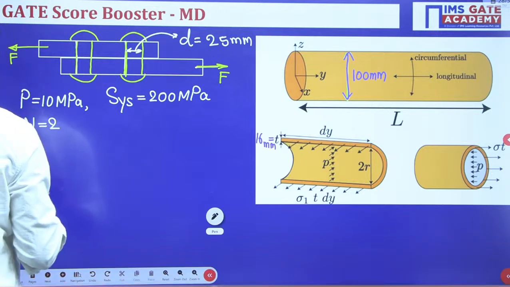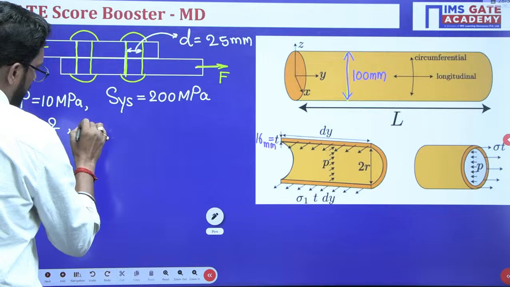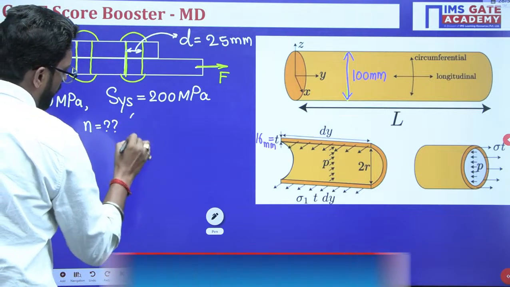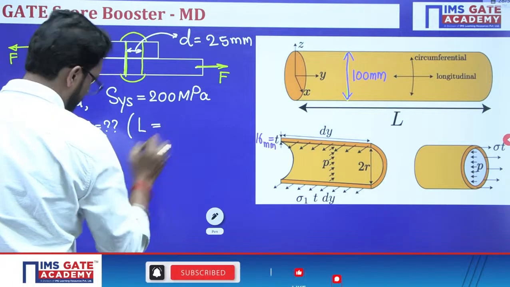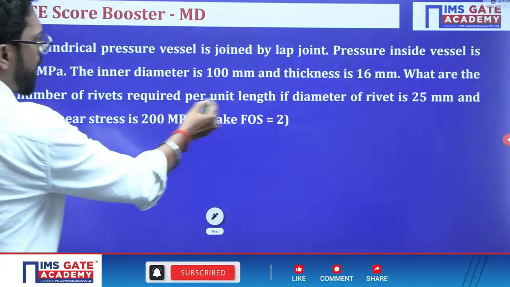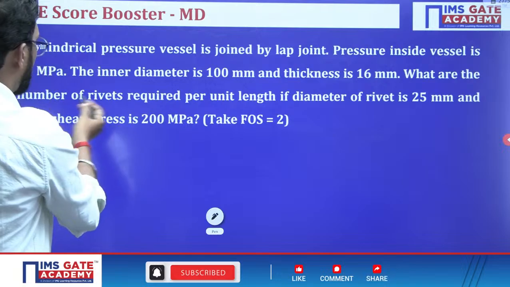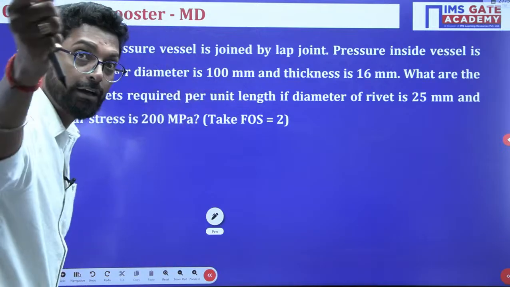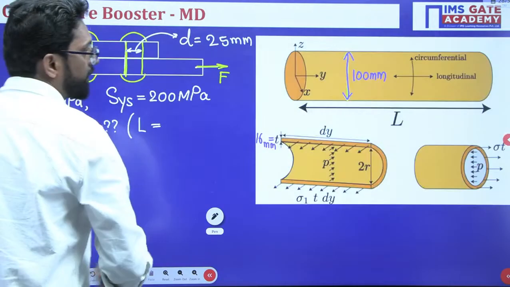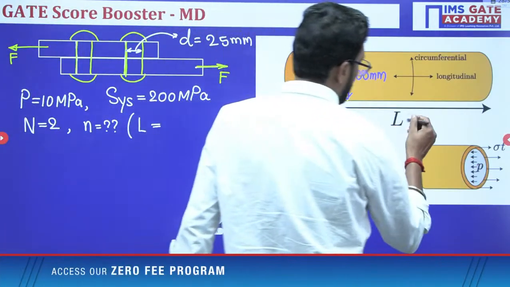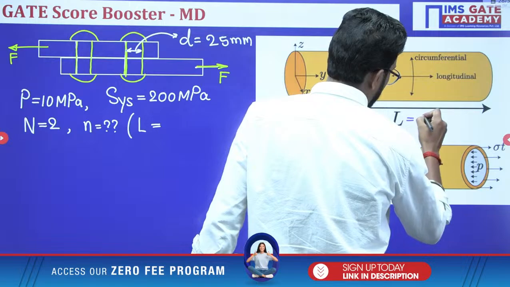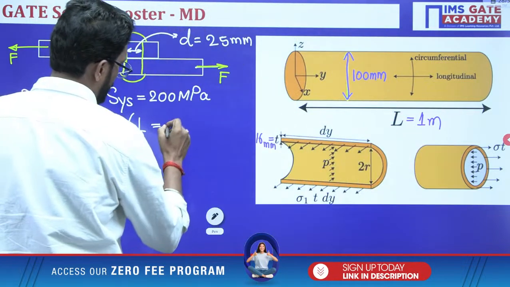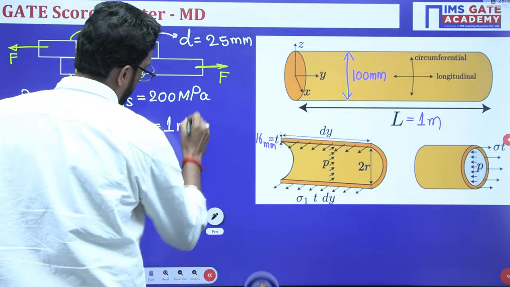They are asking the number of rivets N. Per unit length means the length of this vessel is unit, that means 1 meter. Clear?